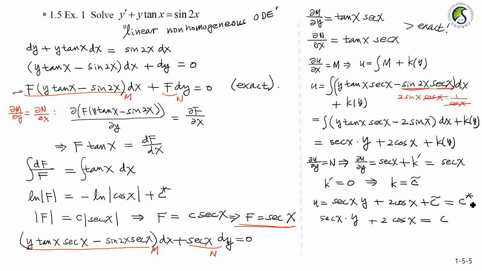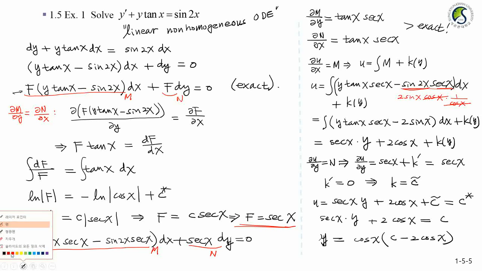In this case, c is c star minus c tilde. This form is easy to express explicitly in terms of y. So y is cosine x times (c minus 2 cosine x).